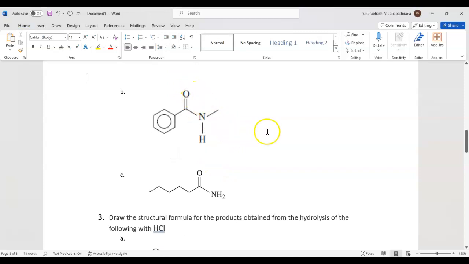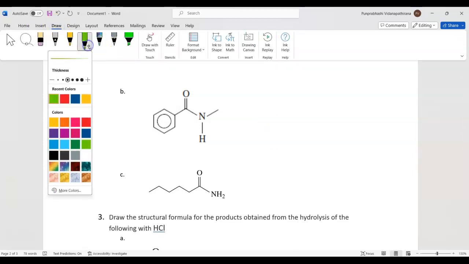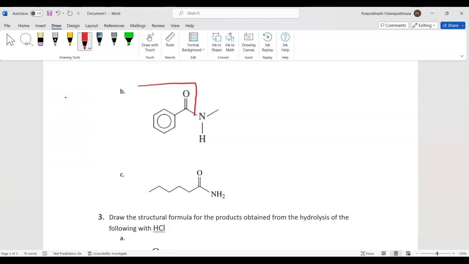Okay, now question B. Question B is an aromatic amide. As always, we need to start with the carboxylic acid group. So I'm going to separate the carboxylic acid group. So how do you know which one is the carboxylic acid and which one is the amine? Always look at this bond, where the carbonyl group and the nitrogen atom are. This is the amide functional group, and this is the amide bond.